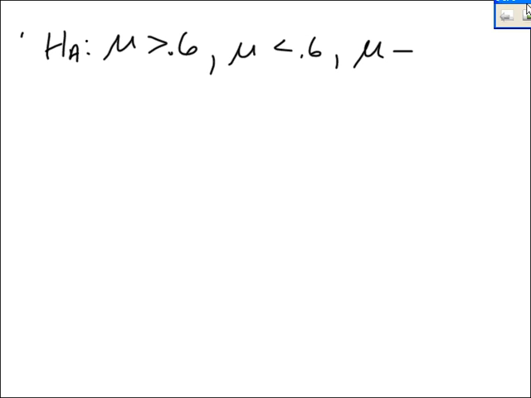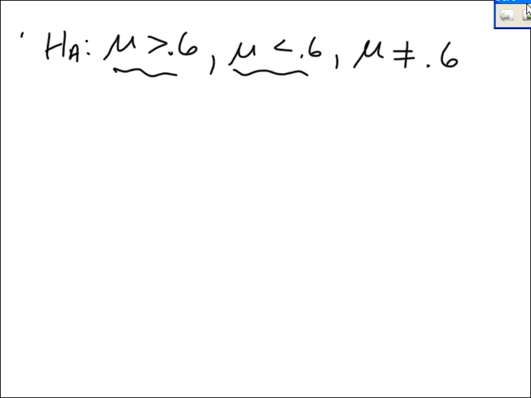Now, here's some examples. HA, the alternative could be that mu is greater than 0.6. It could have been that mu is less than 0.6. Or it could be that mu is not equal to 0.6. Not equal to would mean both of those.